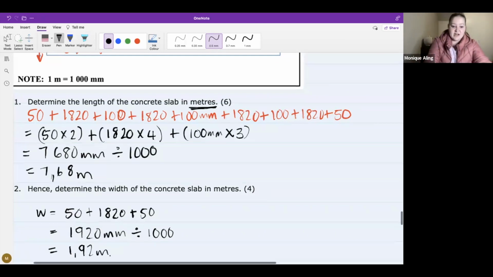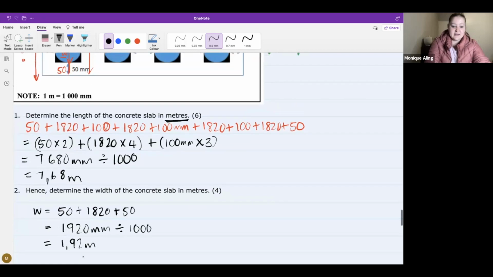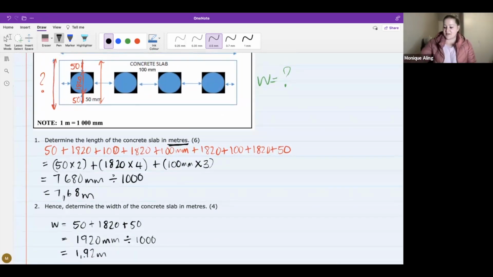So I'm just going to zoom out so you can see the picture again. The first part was identifying that gap there is 50, the bottom gap is 50, and then all that's left is the diameter of the circle. We add all those measurements up to work out what the width of the concrete must be based on those measurements.